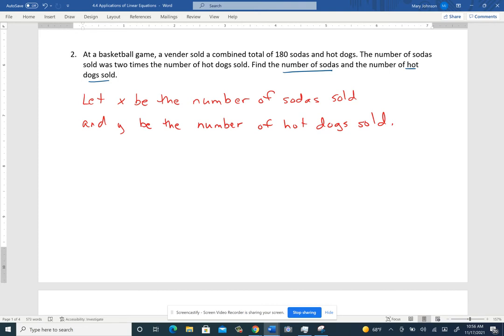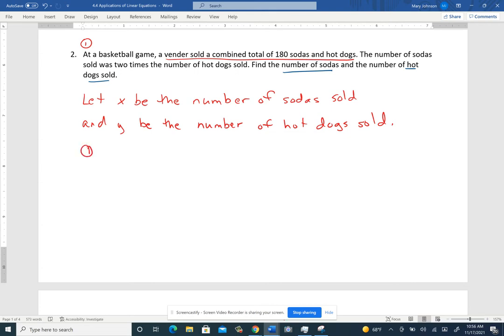All right, so on this one, that first sentence here, a vendor sold a combined total of 180 sodas and hot dogs. I'm going to take that first sentence and create an equation out of it. I'll do that one in red.